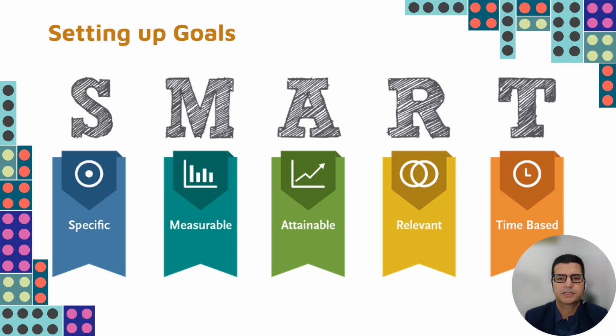Remember, always make your goals SMART. I mean, it has to be specific. You've got to be clear, and you can measure those goals in terms of time and resources, and make sure whatever goal you set up is attainable. It's not too high, and it should be relevant to your study goals. And always put a deadline on your goals.